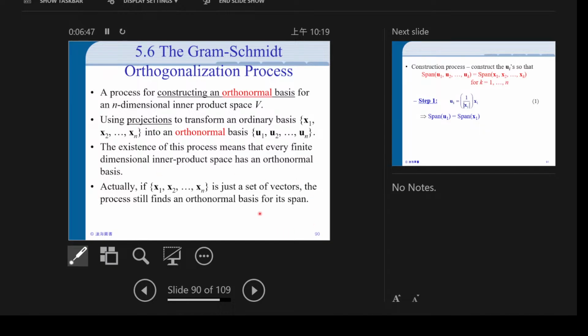At the end of this section, we will go back to 5.2 and see that a lot of the properties that we derived in 5.2 can be explained by just the existence of this orthonormal basis. Okay, so this Gram-Schmidt process.